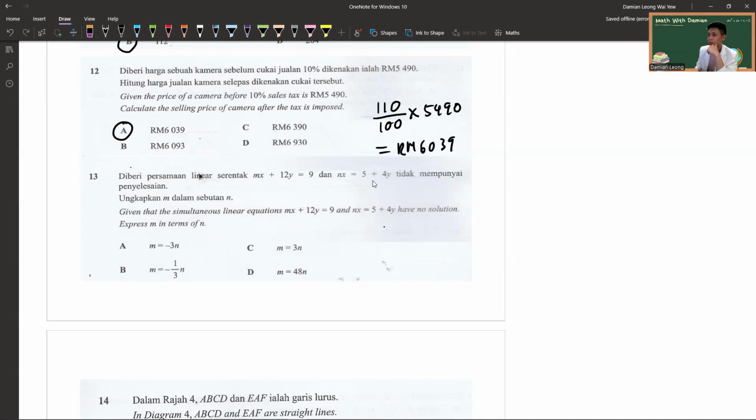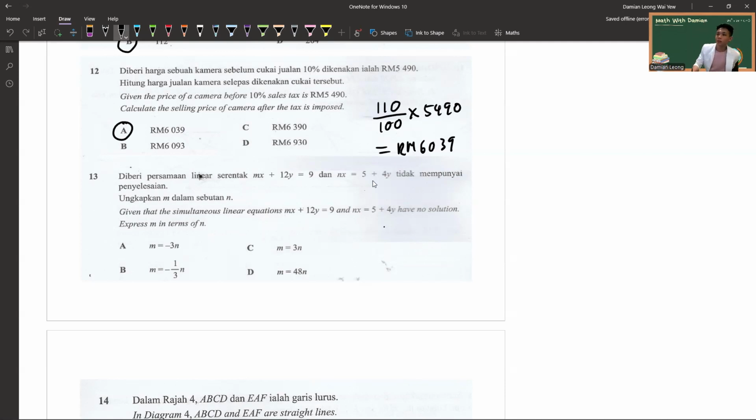Actually, two straight lines having no solution means both straight lines, because linear equations are straight lines, do not intersect at all. And when will two straight lines not intersect?